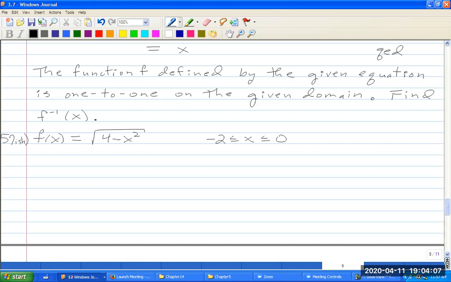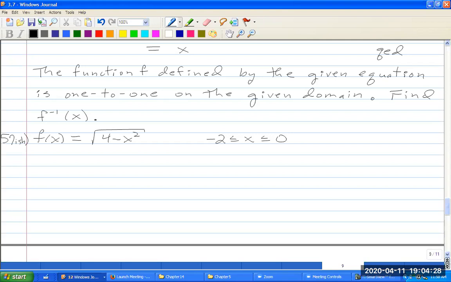Okay, so I'll let f of x equal radical 4 minus x squared, but the domain will be the closed interval from -2 to 0.